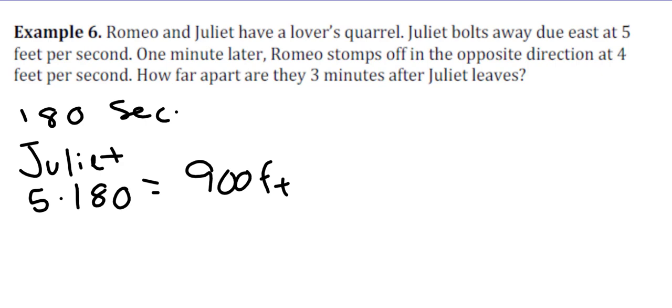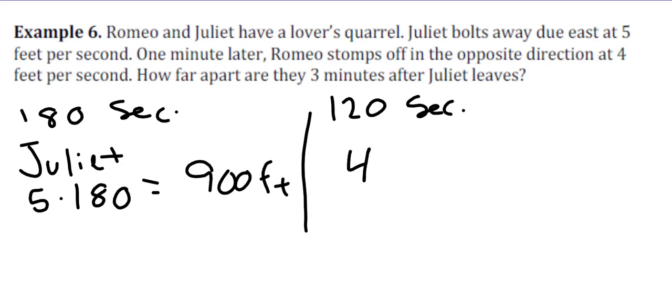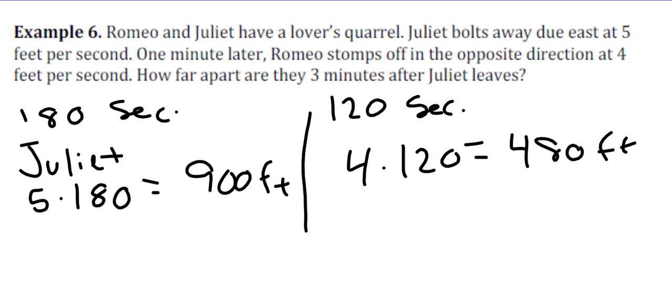That would be 120 seconds, right? So now he only went 4 feet. He wasn't as fired up as Juliet was. So we got 4 feet times the 120 seconds. And what does that give us? 480 feet.